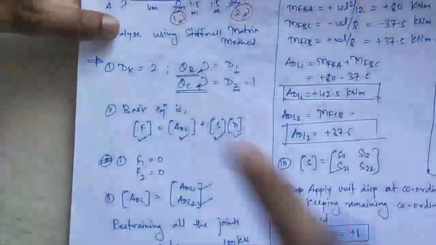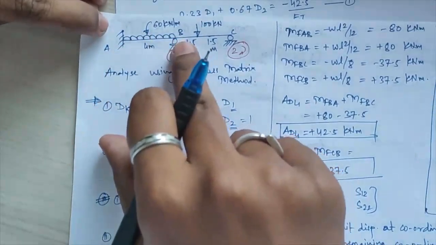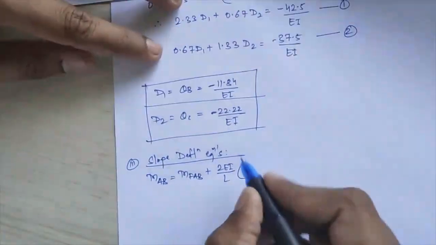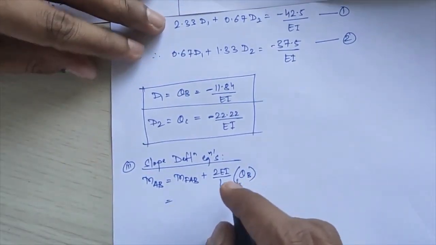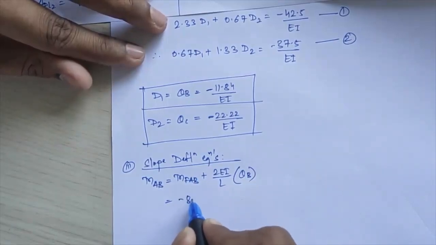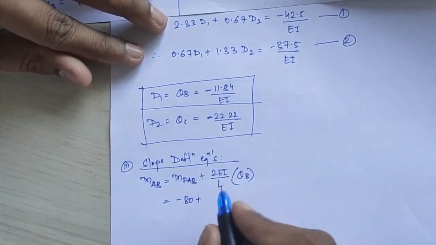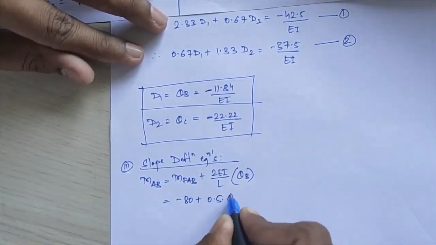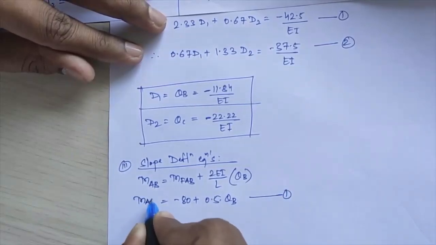But the near-end rotation theta A will be 0, so that will become 0. What will remain is just theta B. If you solve this, MFAB I have got as minus 80 plus 2EI upon L, and L here is given as 4, so 2 by 4 becomes 0.5 of theta B, as my equation number 1.